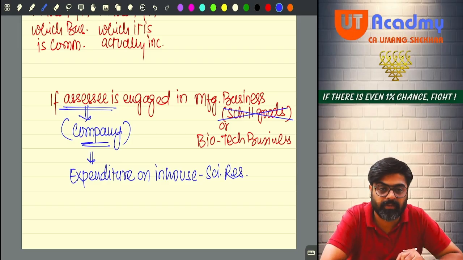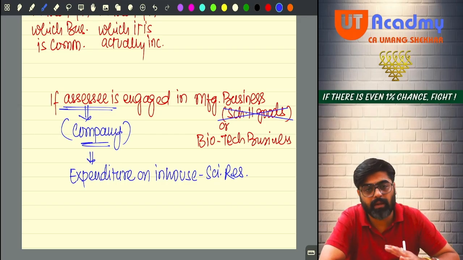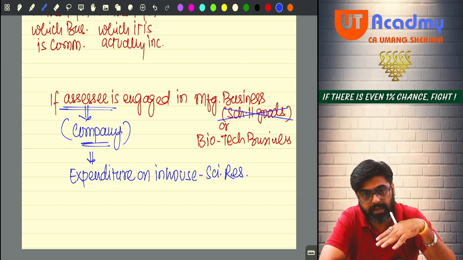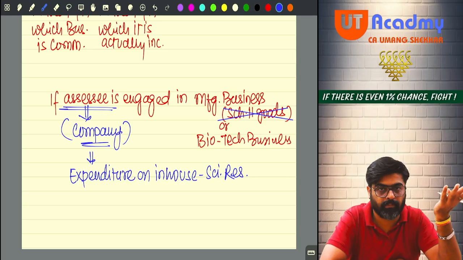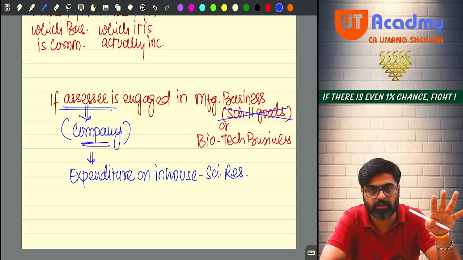In-house scientific research means the research in its own labs, or it can be in approved laboratories also. If you are not having your own lab, but you are getting your research done in some approved labs, then also it is known as in-house research.